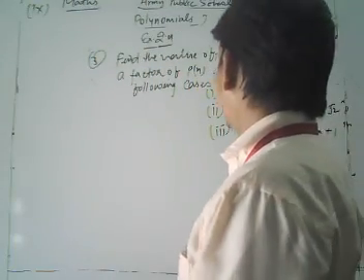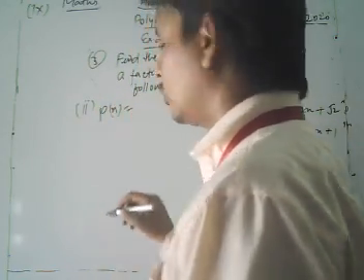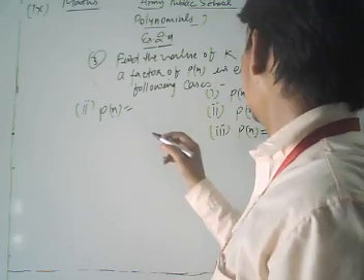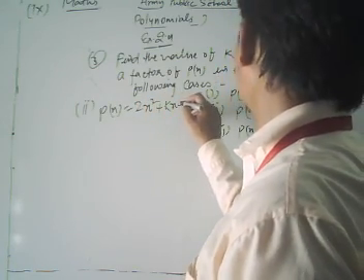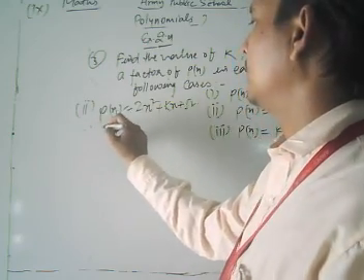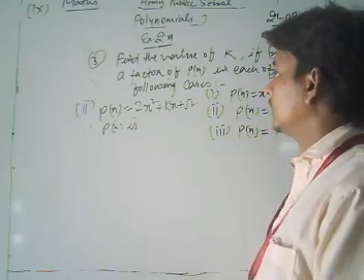We take the second part of this question and solve it. Here we have the polynomial p(x) equal to 2x square plus kx plus under root 2.